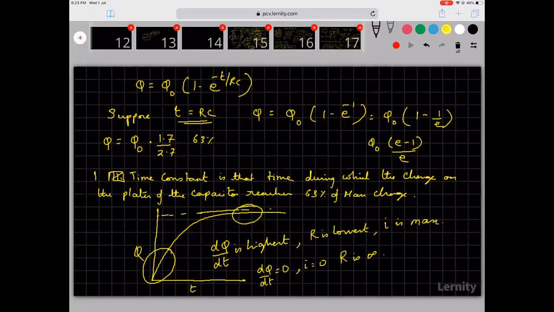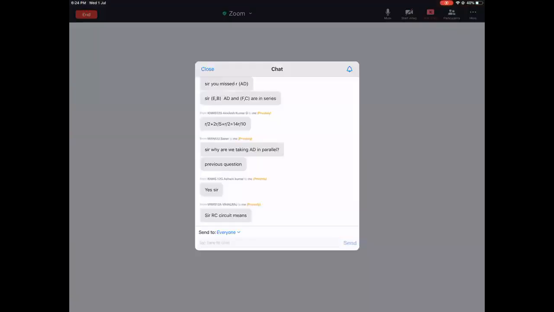The moment it is connected to the circuit, R tends to 0, and once steady state is reached, R tends to infinity. RC, R for resistor, C for capacitor.